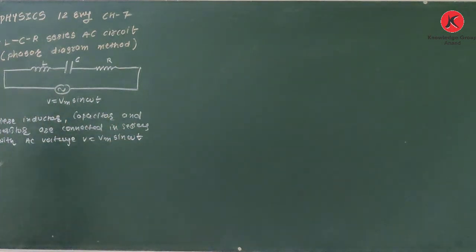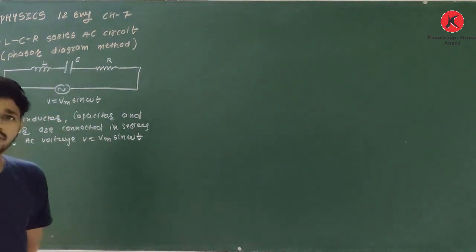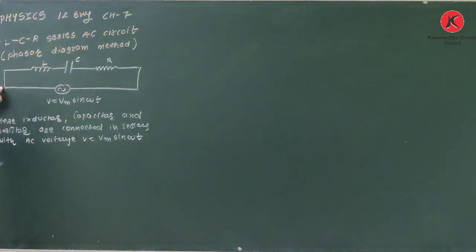So LCR are connected in series with AC voltage V equals Vm sin omega t.